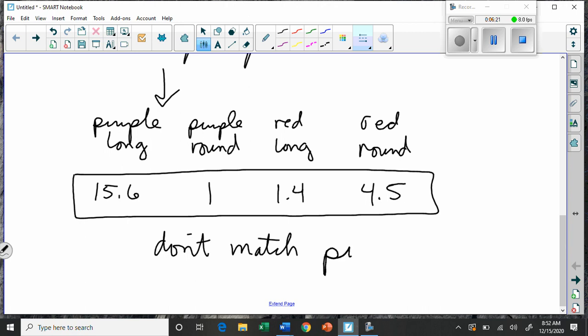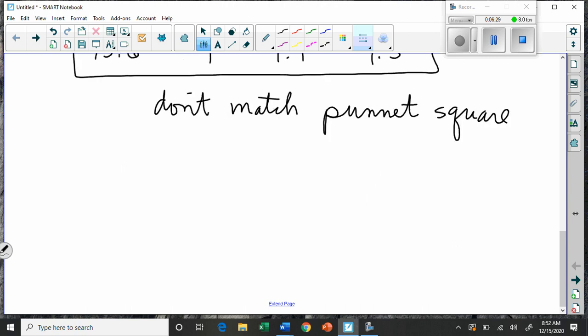So we can't use a Punnett square to figure these out. What makes it difficult is that there is a way to figure them out, but it requires some pretty advanced research, and every different linked gene has different ratios in which it actually goes together. So we're not going to learn how to figure out these.